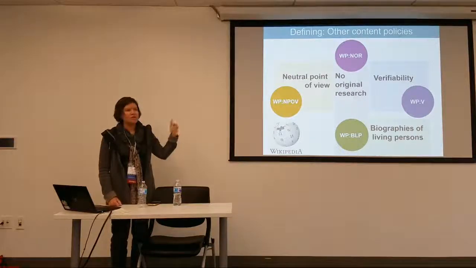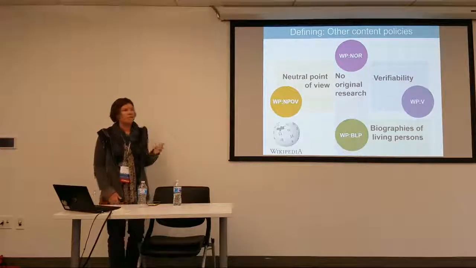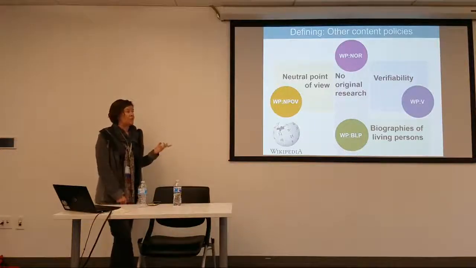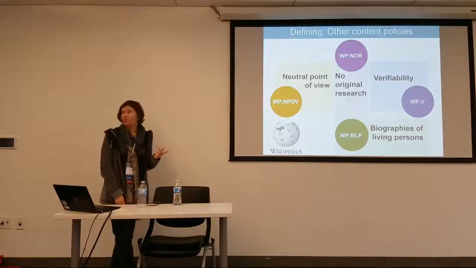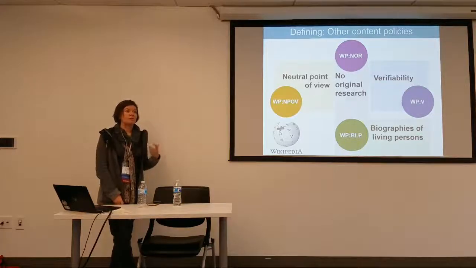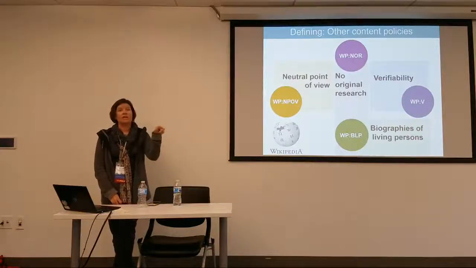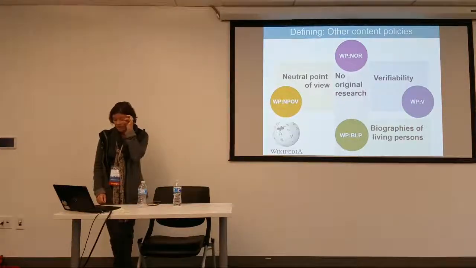And I think I made reference to this a little earlier, but there are specific policies for the biographies of living persons. So if you're working on an article on a living person, or helping to develop a new article on a living person in particular, those are worth taking a look at, as are the guidelines for articles on organizations.